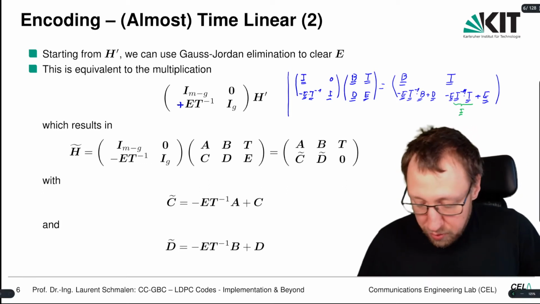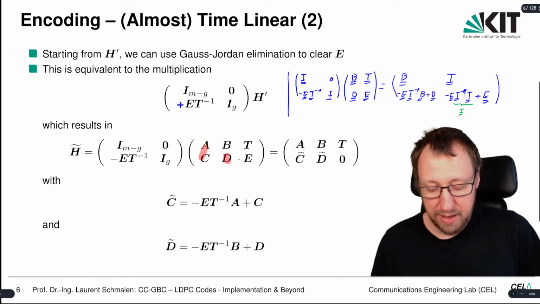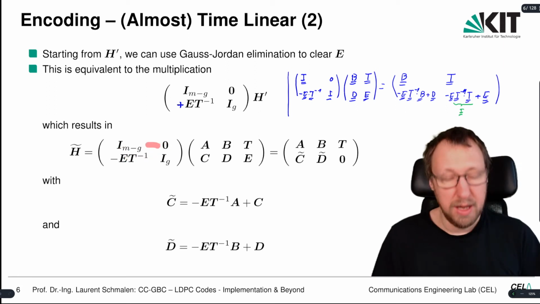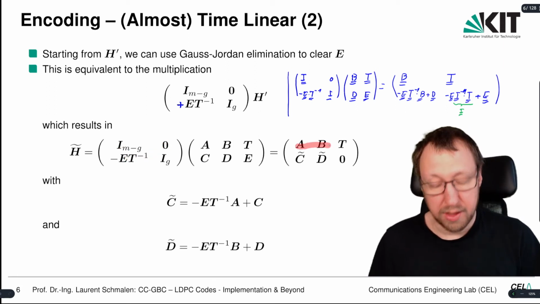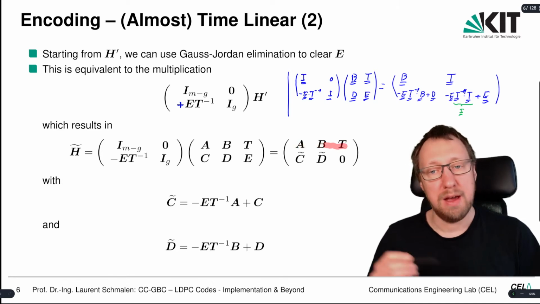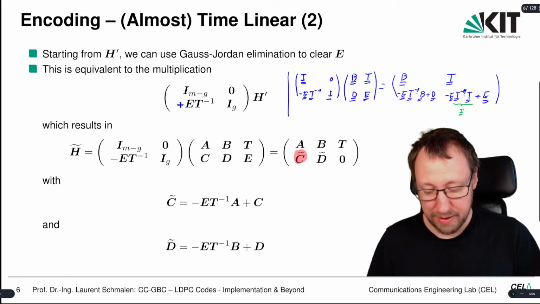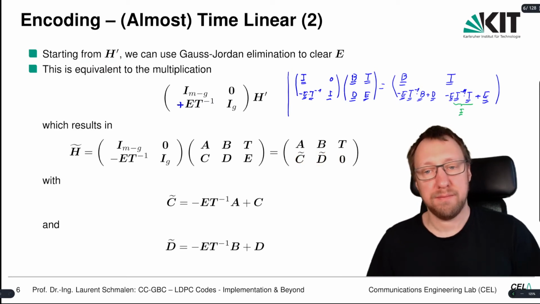So when you do this with the extended matrix with A, B, T, C, D, E, and you multiply it with this Schur complement, you get H tilde, and you end up with the first row being unchanged, so A, B, T, and the second row being C tilde, D tilde, and the zero matrix.